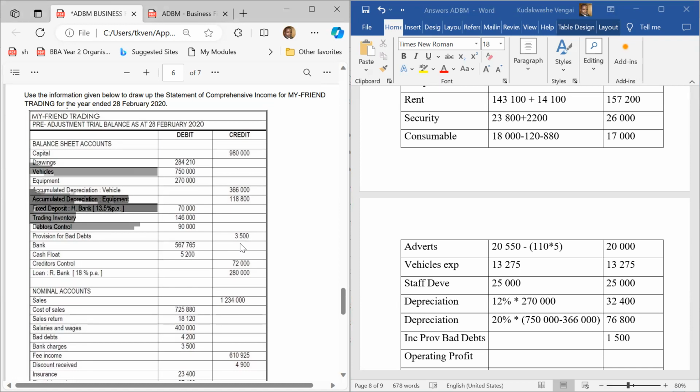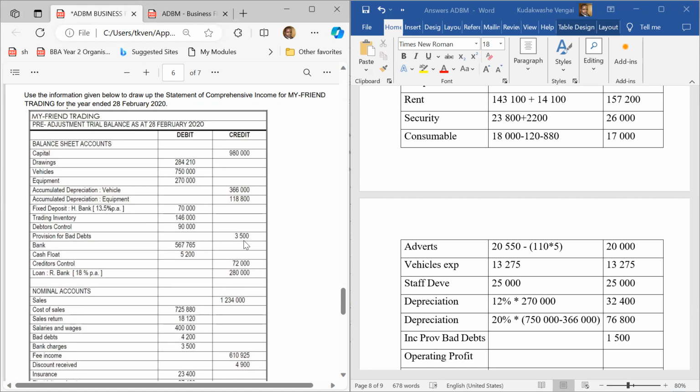But the English, that's what I'm saying, it says it has increased by, which means they've already calculated the change. Because what you want for provision for bad debts is the change. If he had said that it had increased to 5,000, then you would say 5,000 minus the 3.5 to get the change, which is 1.5, which is what we recorded there. But it already tells us it increased by 1.5.